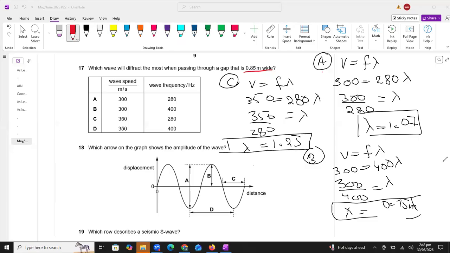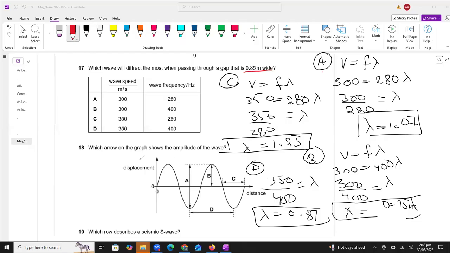Now we can solve for option D as well, students. So 350 divided by 400. Here I think we will get the smaller answer. What are we getting here, students, 350 divided by 400? What should be the value of wavelength in option D? 0.87. So now you can see for option C, we are getting the greatest wavelength.